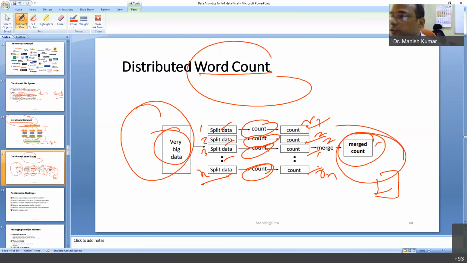Though it looks very easy, it might be easy for word count, but it might not be easy for other applications. Each application carries a very specific execution methodology and flow, and obviously it requires some alteration in the implementation of the particular algorithm on Hadoop MapReduce.